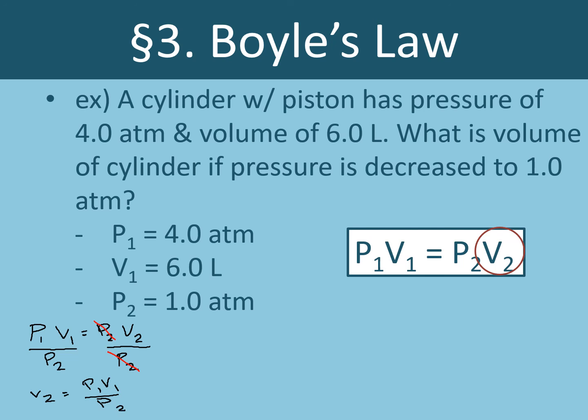And let's substitute our given values. V2 is equal to 4.0 atms times 6.0 liters, all divided by 1.0 atms.